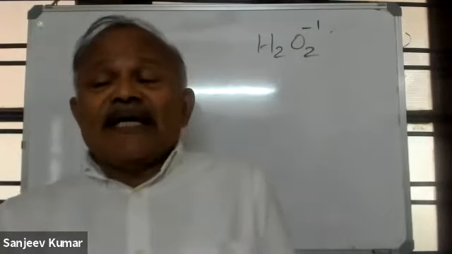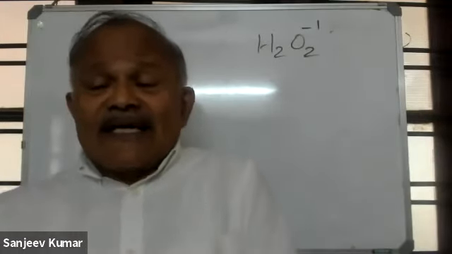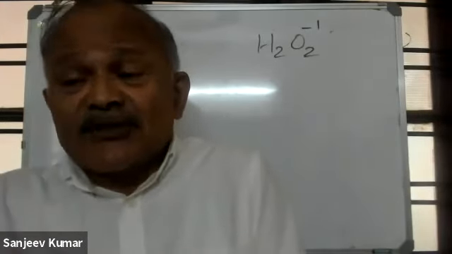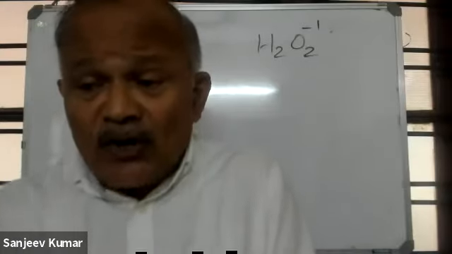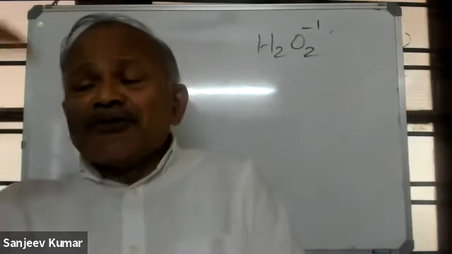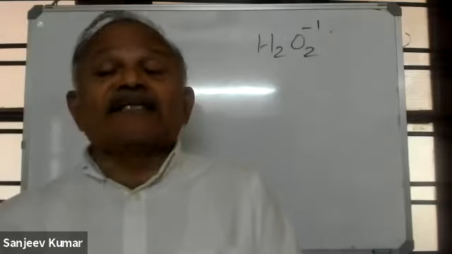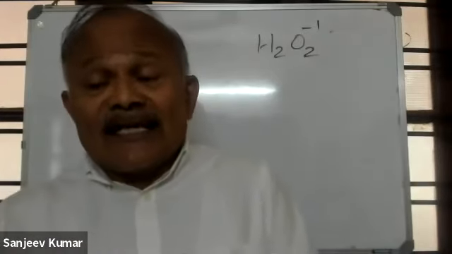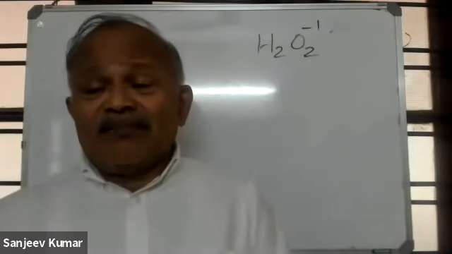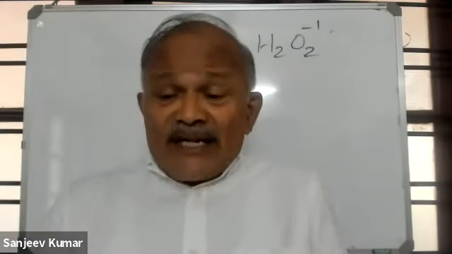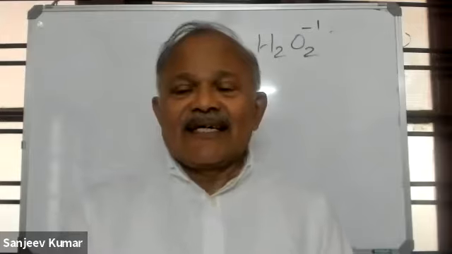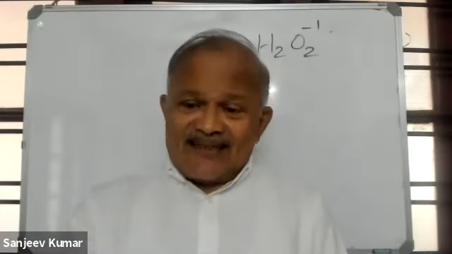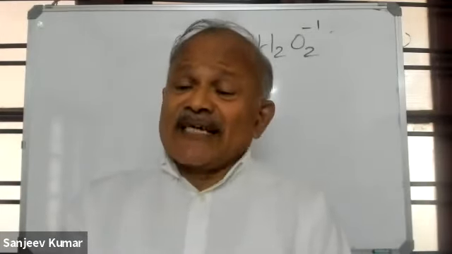And if the oxidation number of oxygen in hydrogen peroxide increases from -1 to 0, that means an increase in oxidation number. Increase in oxidation number is oxidation. When it is oxidized, it acts as a reducing agent.